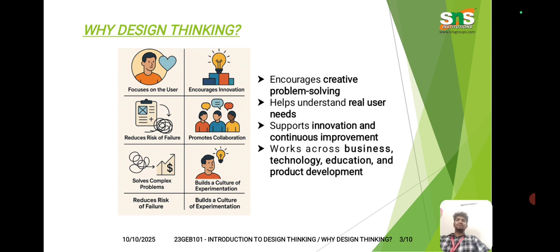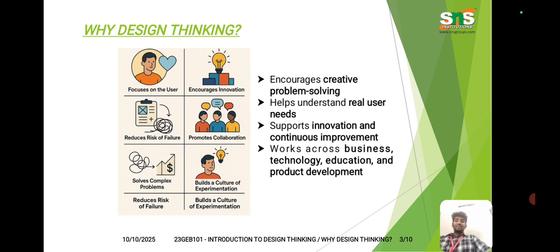For a simple example, imagine a college wants to reduce the canteen crowd during the lunch break. Instead of directly giving a solution, a design thinking approach would involve observing students' behavior, identifying the real reason for the crowd, why actually the crowd occurs, and what time the crowds are occurring.